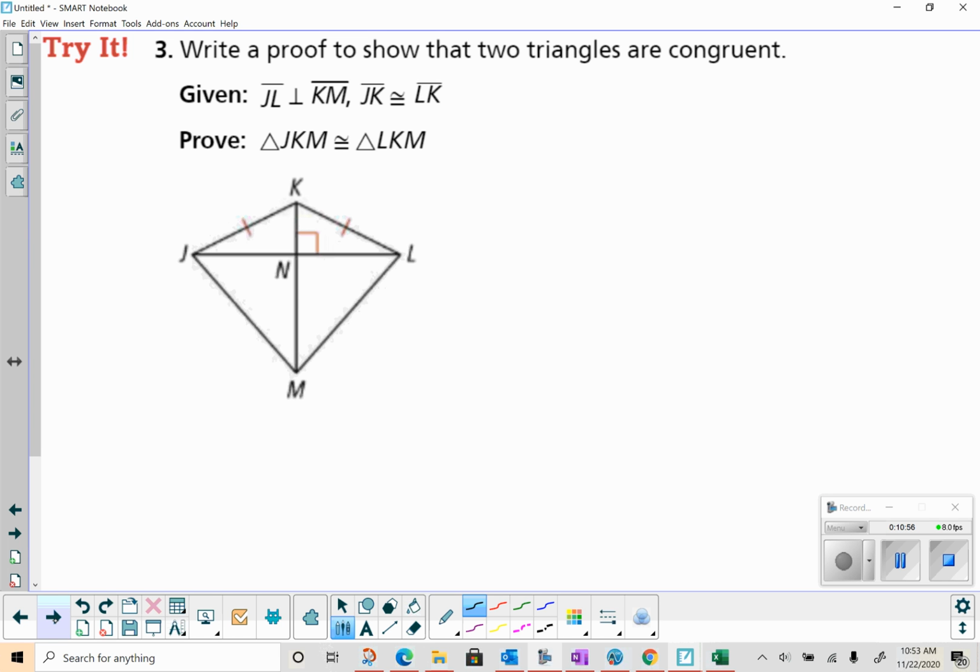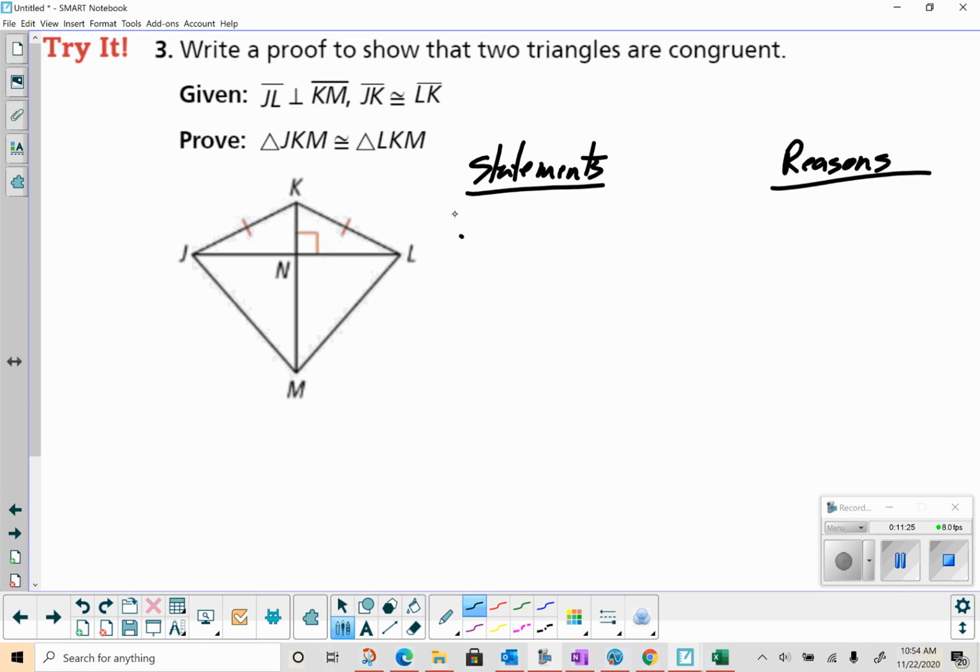Okay, so we're looking at large triangles to the left and to the right. We're given two pieces of information at the start. I'm going to write this out as a two-column proof where, again, we're going to come up with true statements on the left and back them up with a legitimate reason on the right.